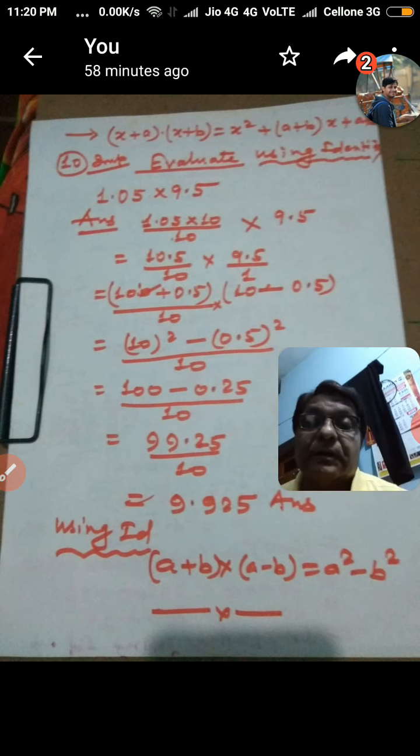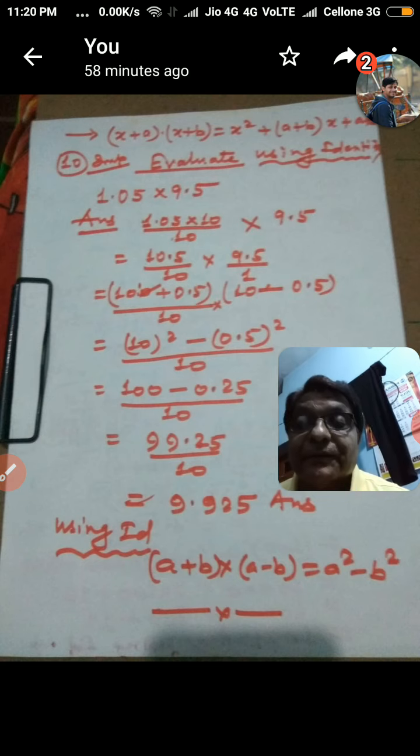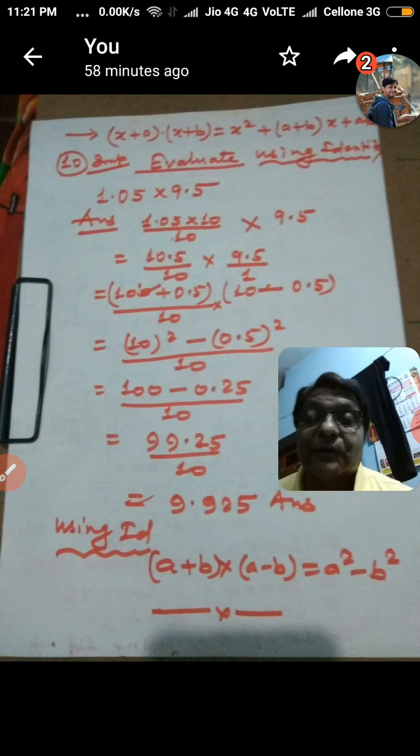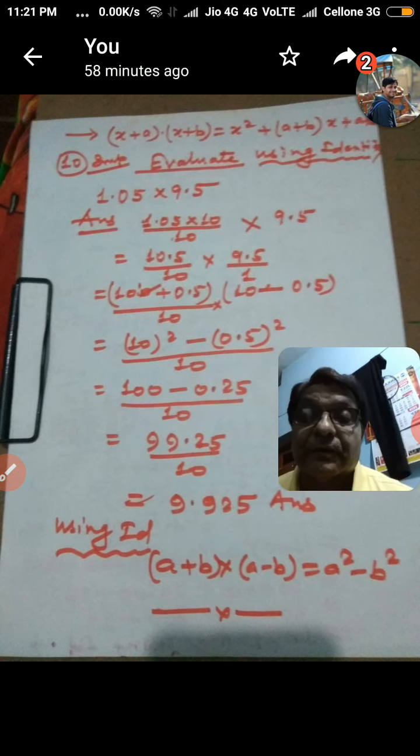Now you see what that student was telling. The question now comes in the form of his statement. Both numbers are nearest to 10. One is written as 10 plus 0.5, divided by 10, and the other is written as 10 minus 0.5.